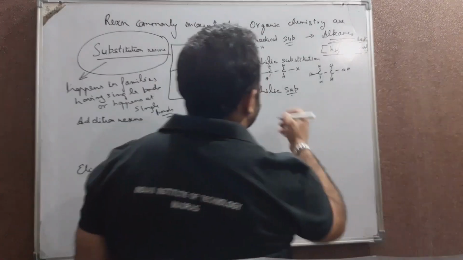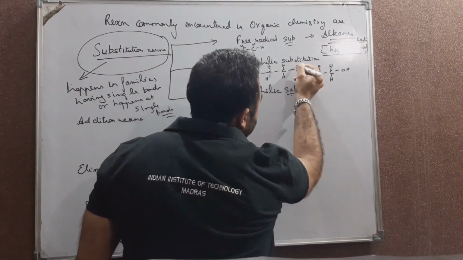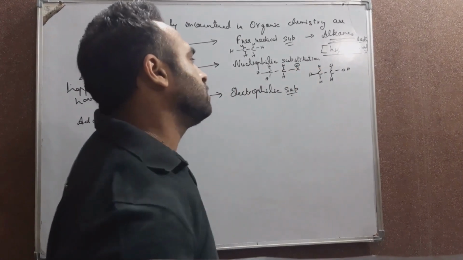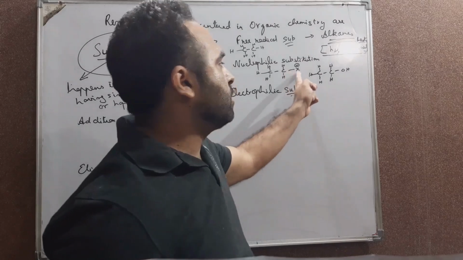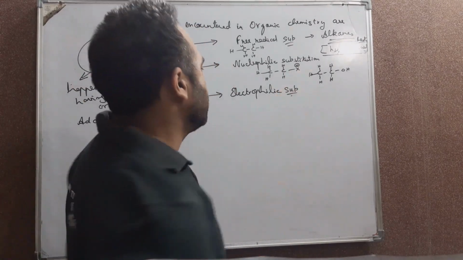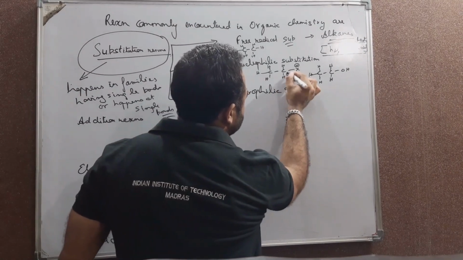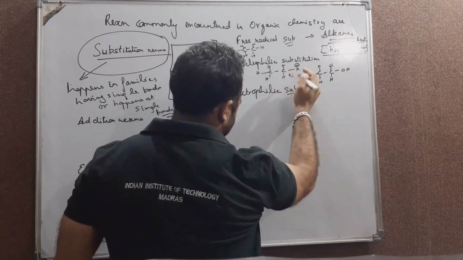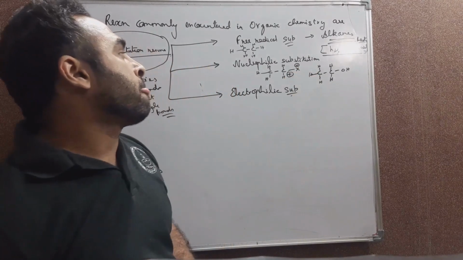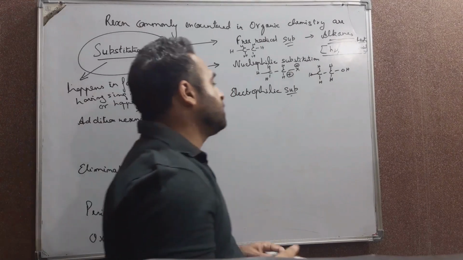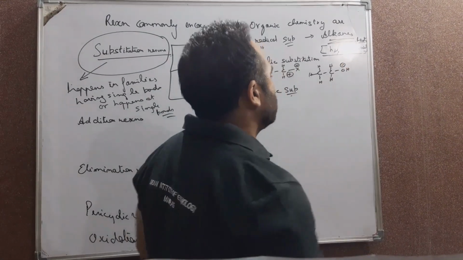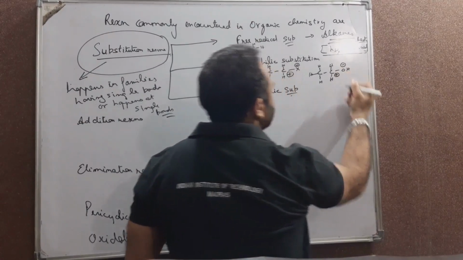You can see here there is a halogen, and due to the electronegativity difference between the carbon and the halogen, the halogen, being more electronegative, carries a negative charge, and there is a partial positive charge at this carbon. Similarly over here, oxygen being more negative carries a negative charge, and there is a positive charge over here.